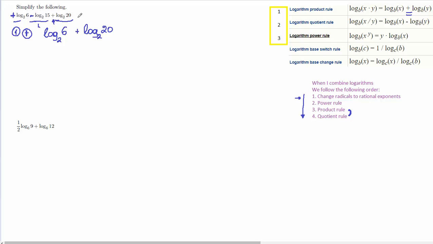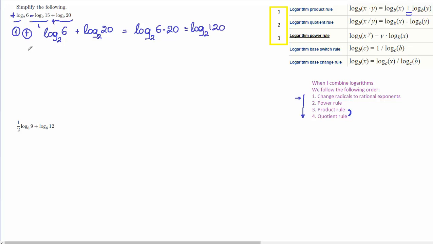So this, with the product rule, will give me log with base 2 of 6 times 20, and this is going to be the number 120. So I have log with base 2 of 120 here.